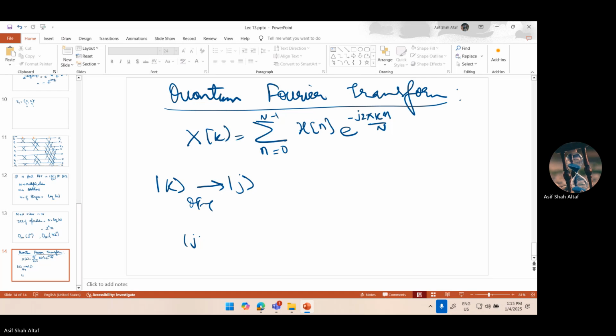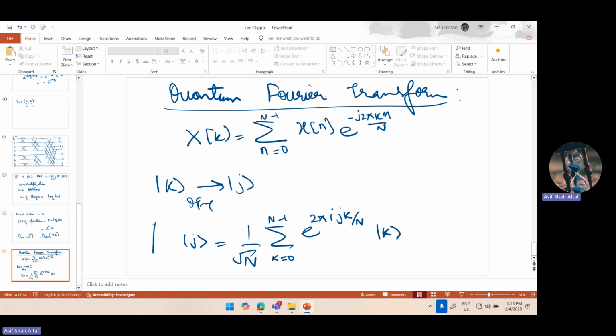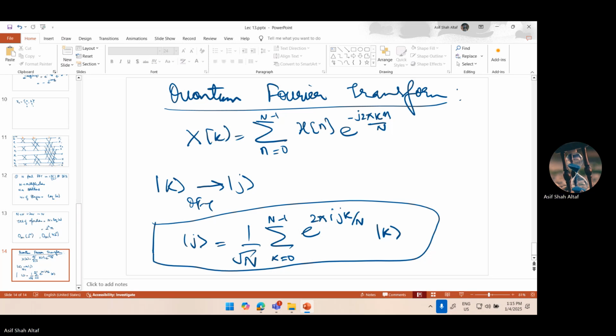Then this is written as 1 over root n, sum over k, e to the power 2 pi i j k by n, times the state k. So this is the way we write the quantum Fourier transform of some basis j, of some basis k.